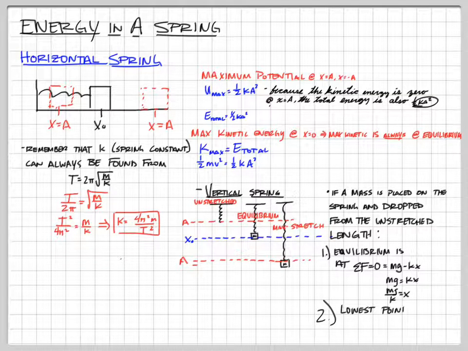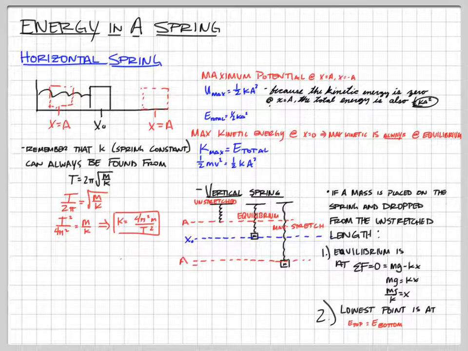Now, at the lowest point is where we have all of that gravitational potential energy turning into spring potential energy. So we get all the energy from the top, which is gravitational potential, and it's not moving.